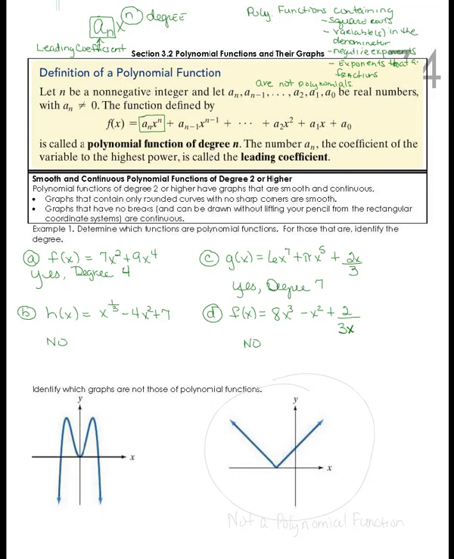But remember, the higher the degree, the curvier that line is going to be. What type of equation is this? You remember? Absolute value. So I'm just going to circle this. Not a polynomial function.